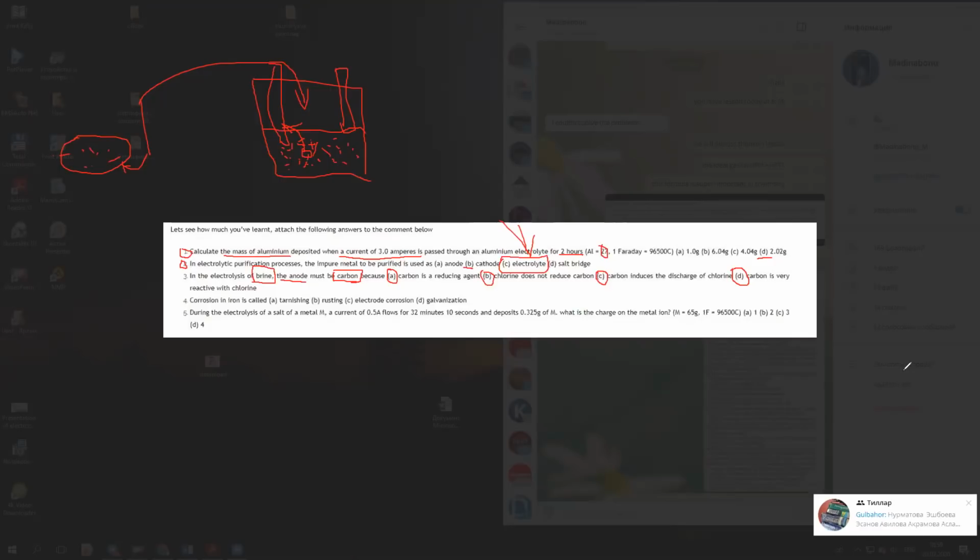Did you get it? So that's why carbon is not a component of the redox reaction, and not a reducing agent. The chlorine, which is a likely product, doesn't reduce carbon.